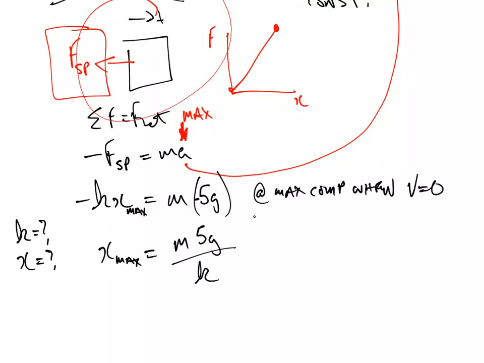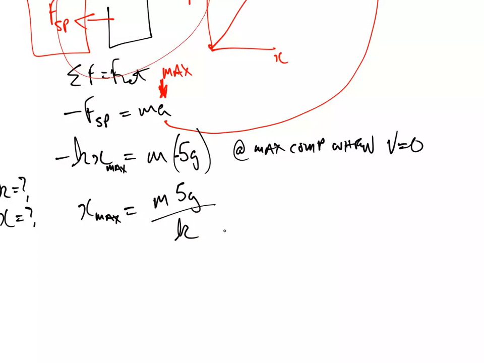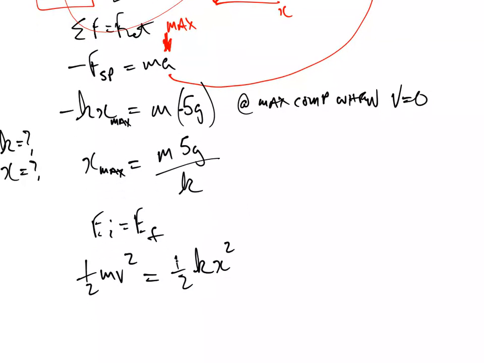Now, if we use conservation of energy, we say initial energy equals final energy. Initially, we just have kinetic energy, and finally, we just have elastic potential energy, which is 1/2 kx squared. Now, we can cancel out the 1/2s, and we're going to solve for k.